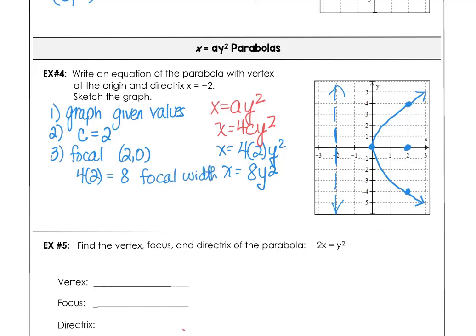And we went 4 up and 4 down to get the other points to draw the parabola. And we know now that our equation is x equals 8y squared. And we've written that equation for our parabola.